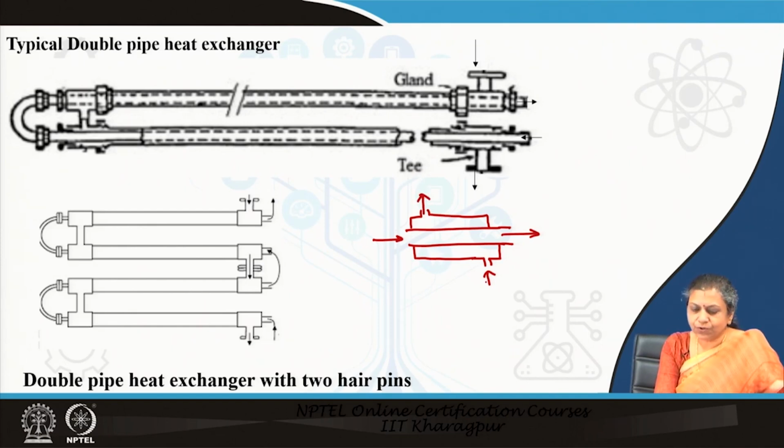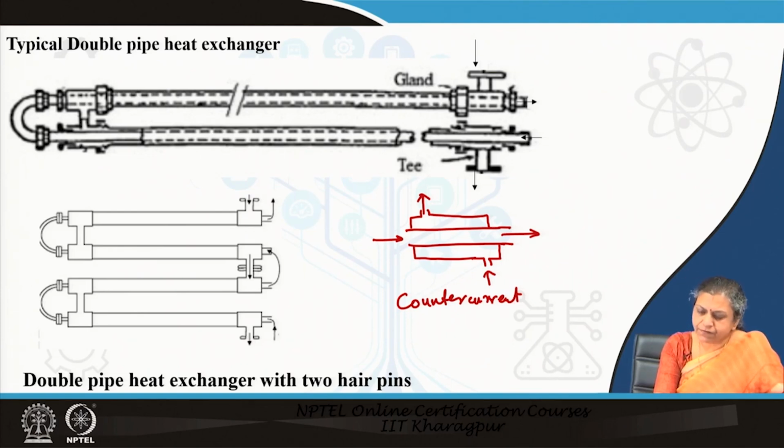You also know that depending upon the direction of flow of the two fluids, you can have a counter current arrangement, which is shown here, where the two fluids flow parallel to each other but in opposite directions.